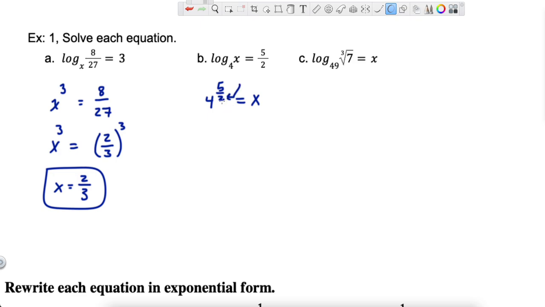So this 2 is the square root, and the 5 is the exponent. So we could think about this as the square root of 4 raised to the 5th. Well, we know that the square root of 4 is 2. So we can simplify that and just say 2 to the 5th. And 2 to the 5th is 2 times 2 times 2 times 2 times 2, and that's 32.